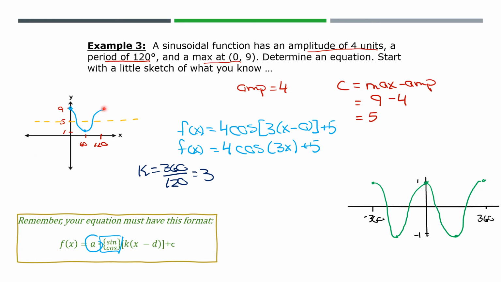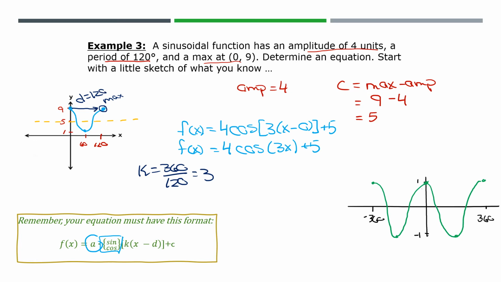And I could say, well, that's this one. It got pushed over 120 degrees. So here is my d value. This point was supposed to be here, and it got pushed over. So if I want to think that this point here was my original maximum that was on my cosine wave, it got pushed over to that spot, that would mean I would have a d value of 120 because my maximum is over there now.